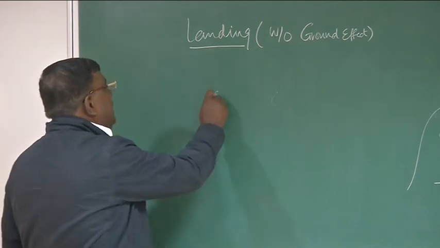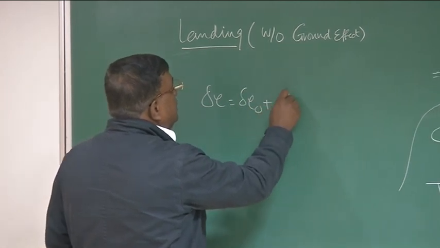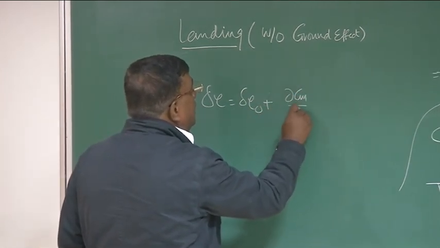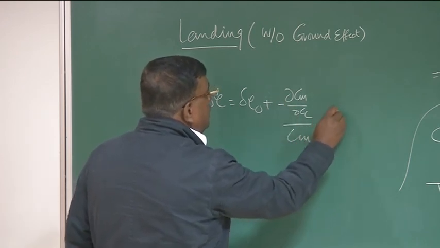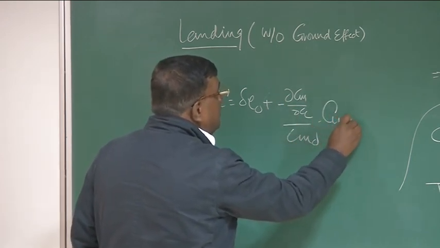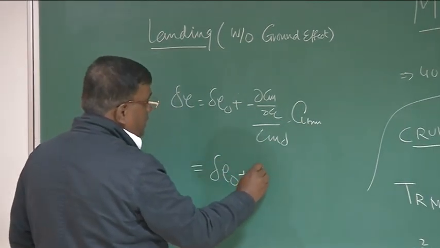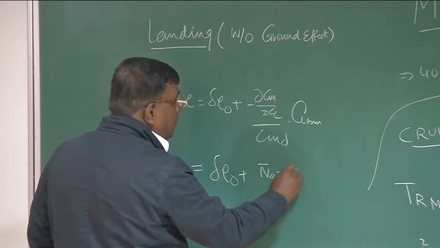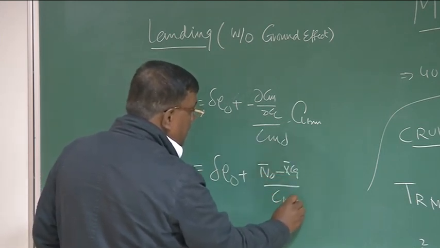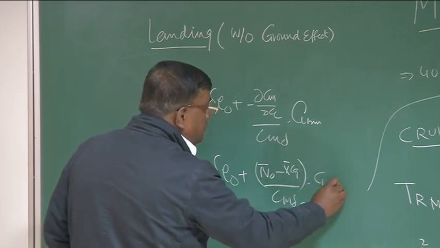Then again delta E will be equal to delta E naught plus dCm by dCL minus Cm delta E into CL trim, and this again equals delta E naught plus N naught bar minus xCg bar by Cm delta E into CL trim.